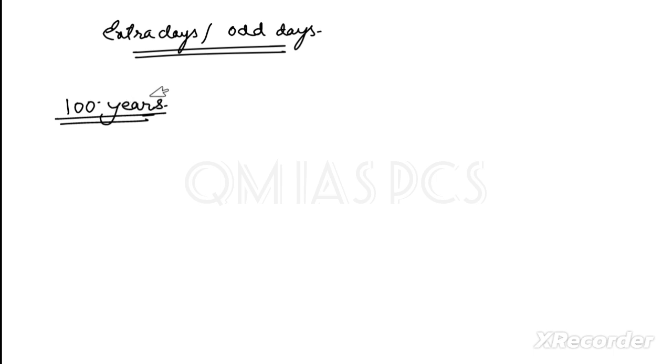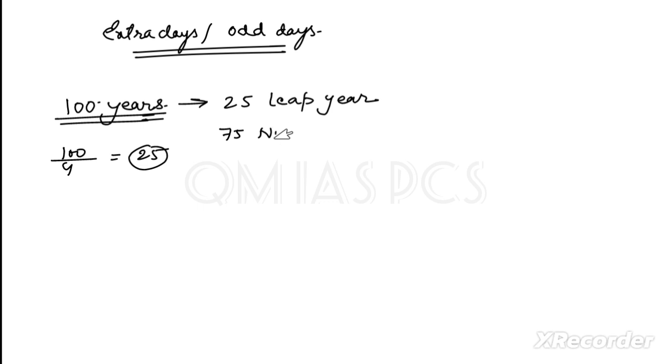So for 100 years, how many leap years are there and how many non-leap years are there? First we have to find the leap years. For leap years, we divide by 4. When we divide by 4, it will be 25. That means in 100 years there will be 25 leap years, and the rest 75 are non-leap years.